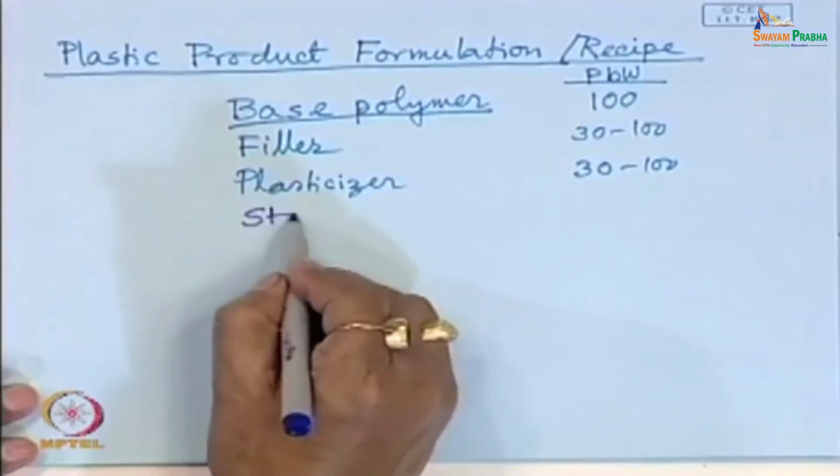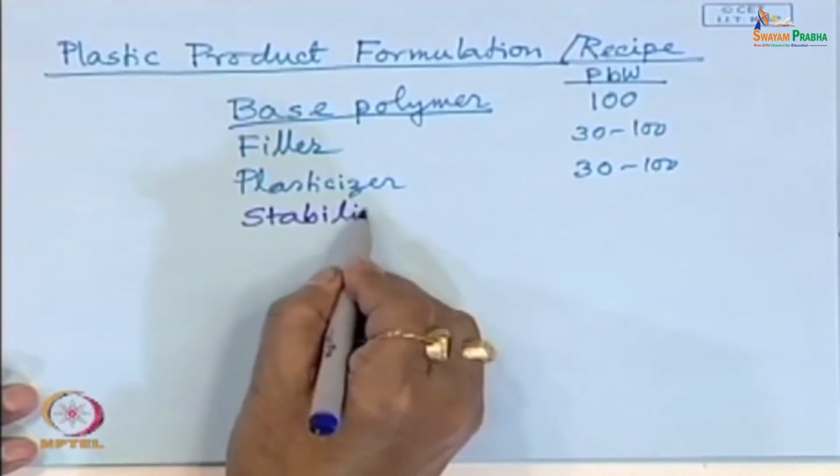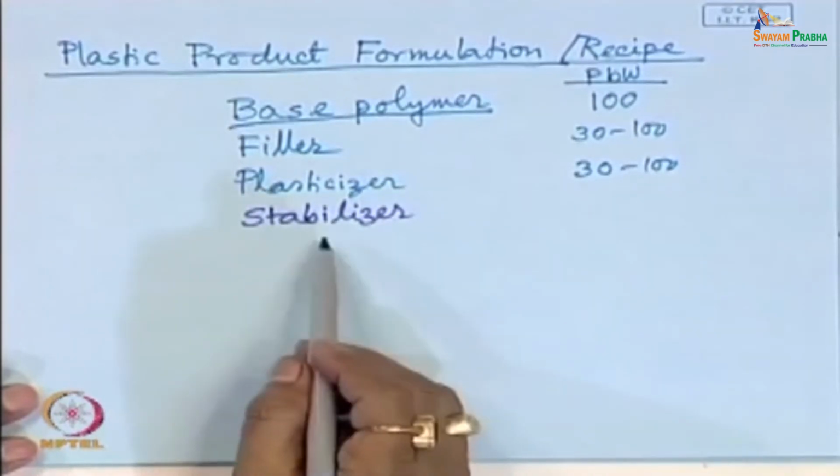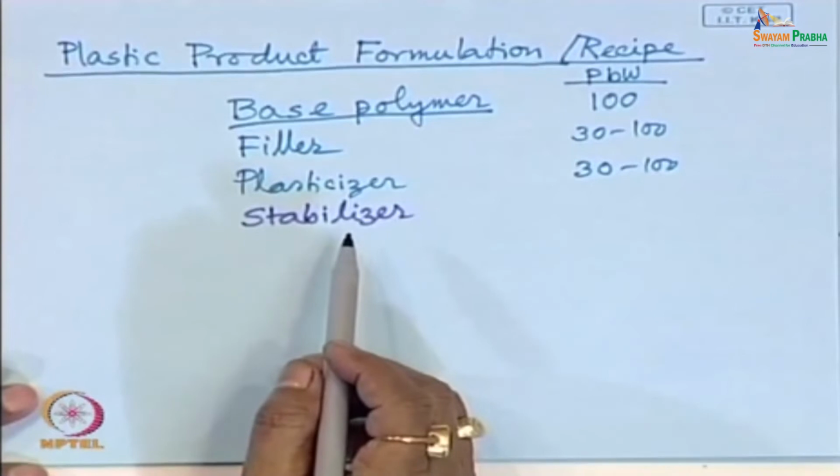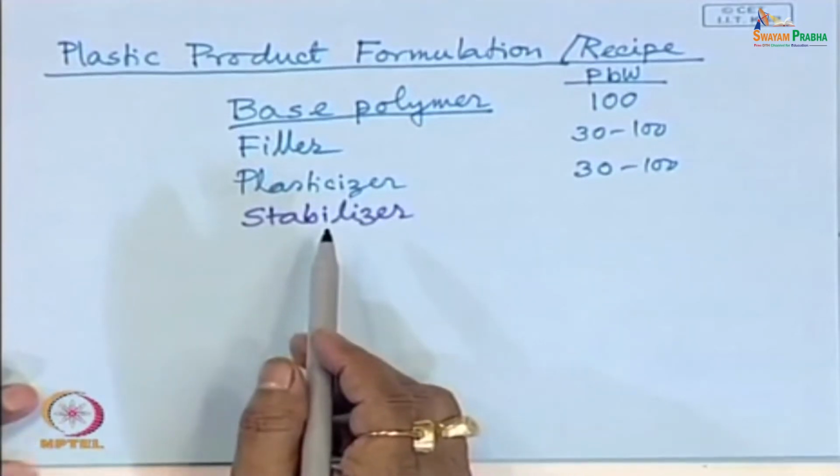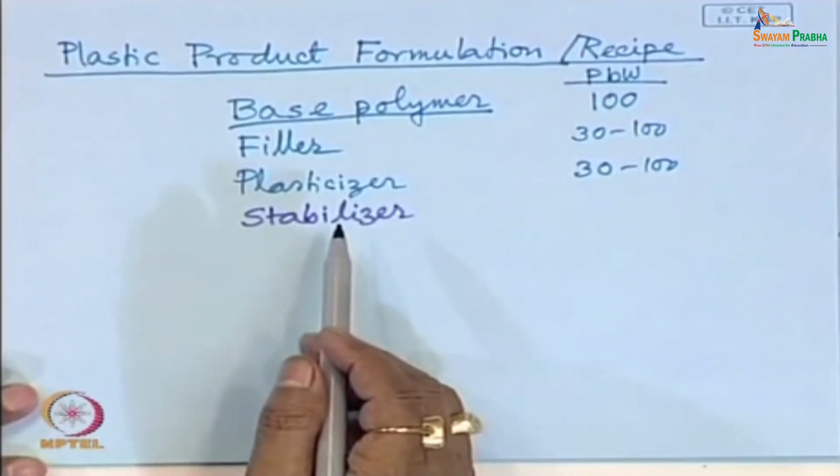Then comes the stabilizer. Stabilizer, the meaning is very simple. It stabilizes the product. That means it prevents degradation from various degrading agencies. What are those degrading agencies? Air is one, which contains oxygen, ozone.